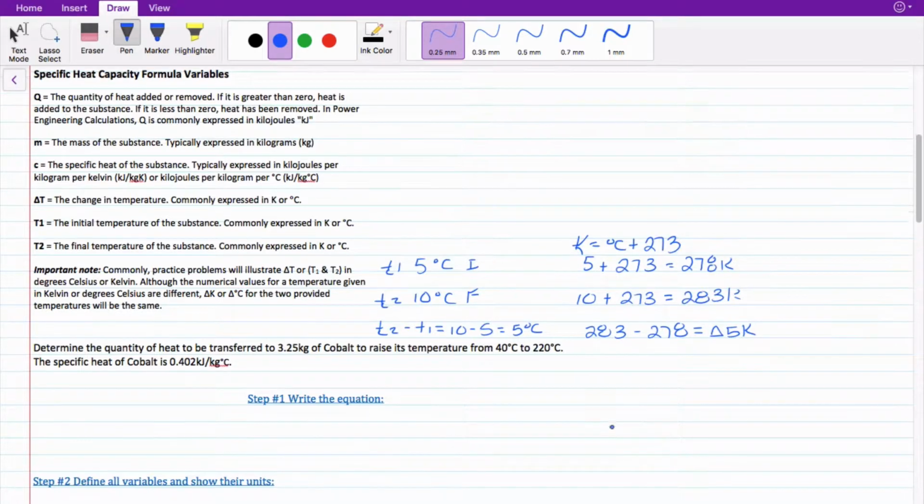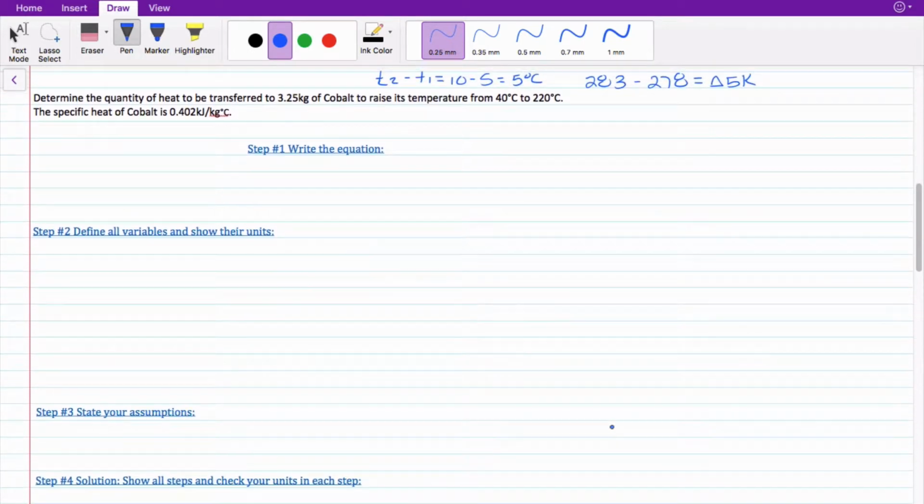The first question we have here is: determine the quantity of heat to be transferred to 3.25 kilograms of cobalt to raise the temperature from 40 degrees to 220 degrees. Take the specific heat of cobalt as 0.402 kilojoules per kilogram Kelvin. Out of our 5 steps, the first step is always to write out the equation you're going to use to solve the problem.